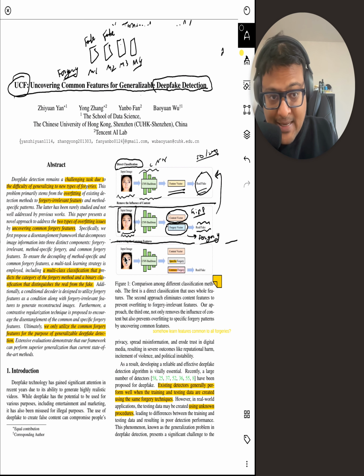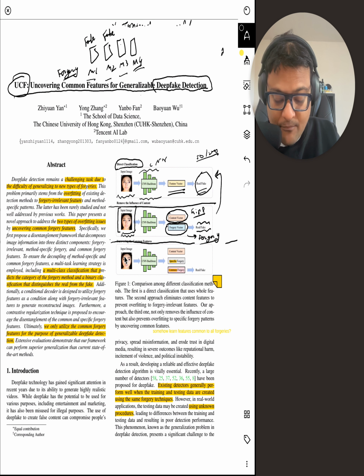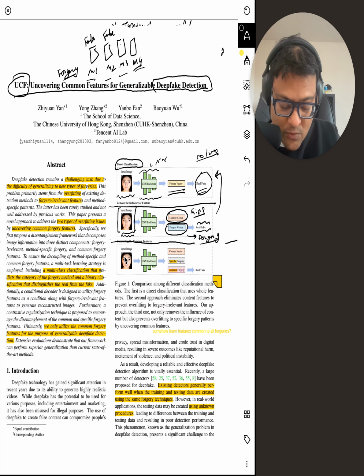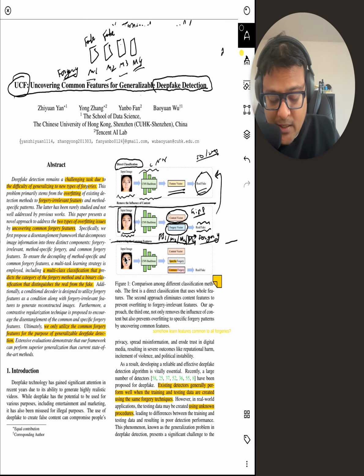So the model, when you disentangle these forgery features, will only contain information corresponding to M1, M2, M3, M4. Your network is essentially overfitting to the forgery features belonging to the models in your training.